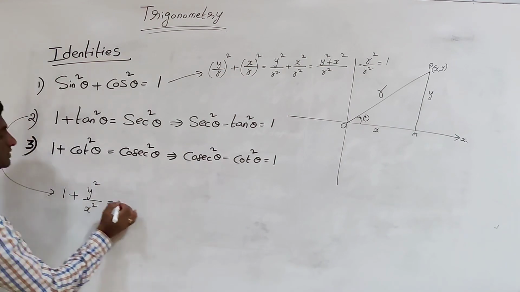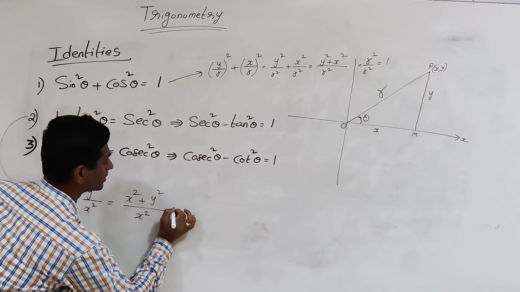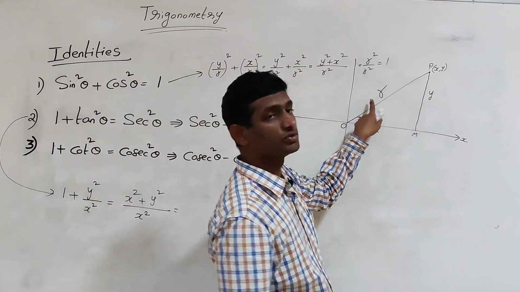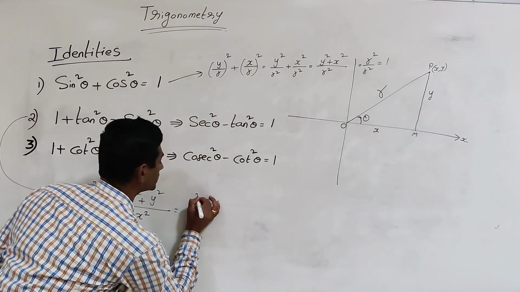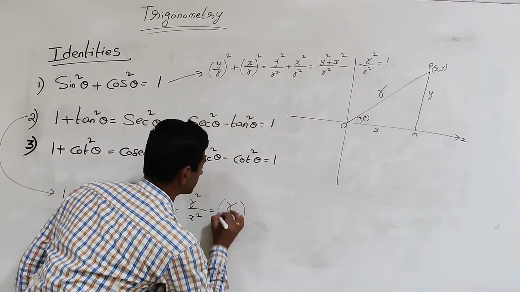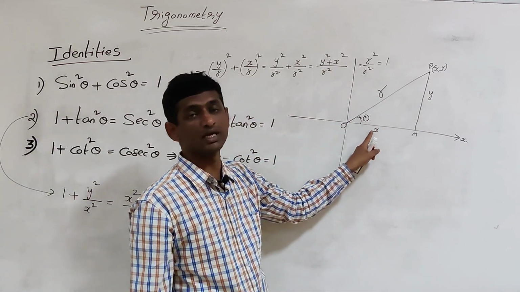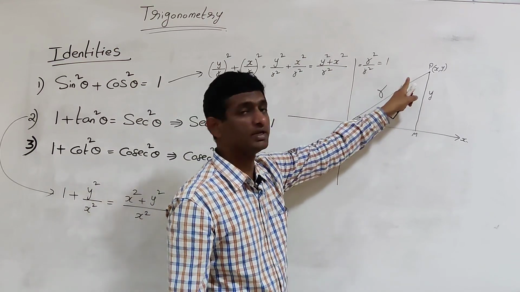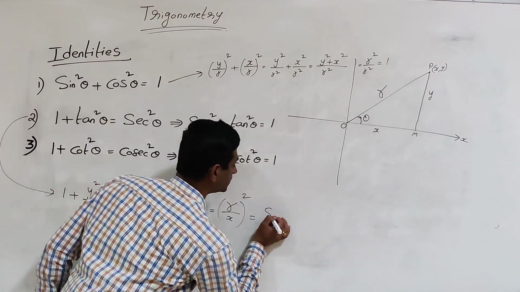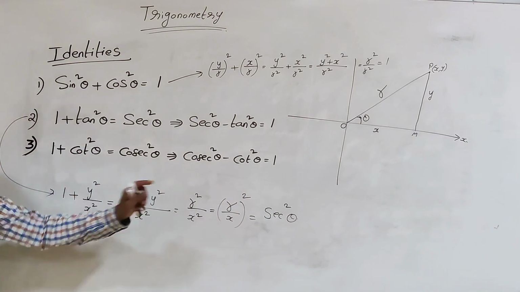If you take the LCM, x square plus y square by x square. By Pythagoras theorem, x square plus y square is r square. So r square by x square, we can have r by x whole square. What is r by x? Hypotenuse by adjacent side of theta gives secant theta. Whole square will be secant square theta. So 1 plus tan square theta is always secant square theta.